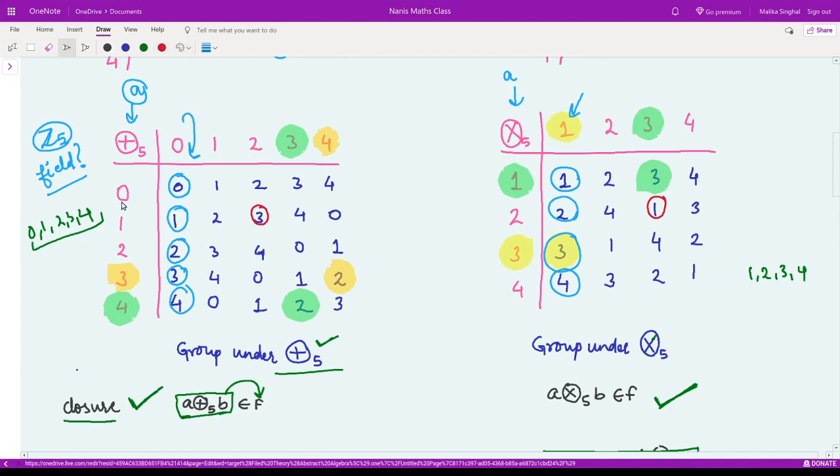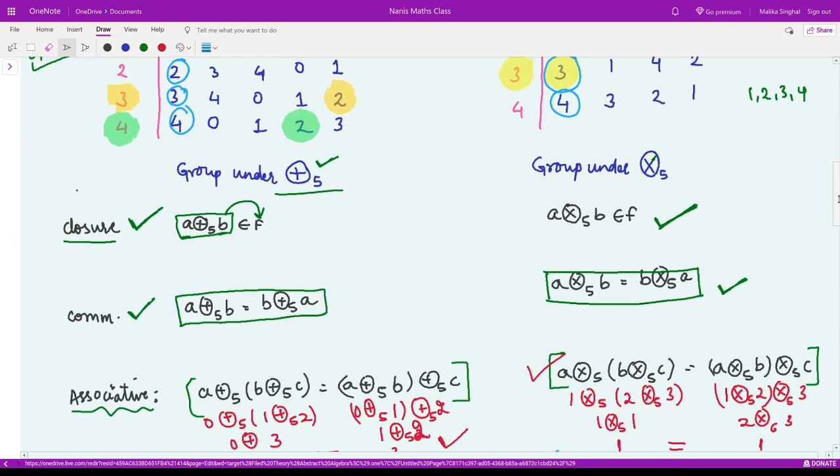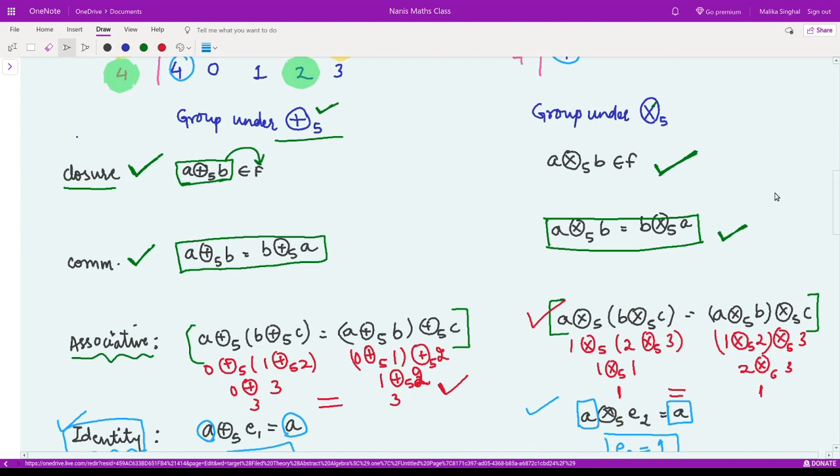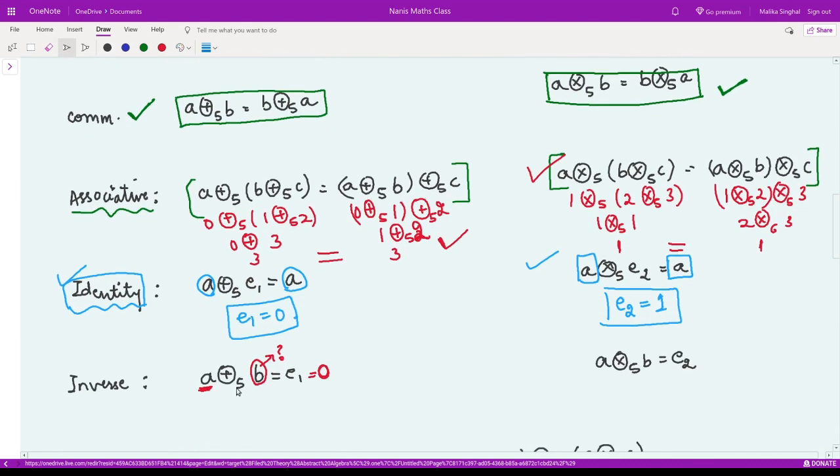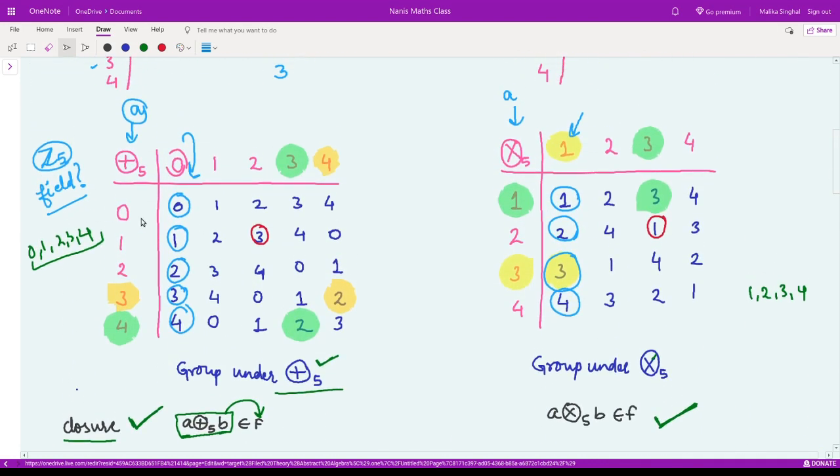So for the number 0, what number again gives me 0? This is 0, right? Again for 1, we need to see which number I should add to it so that I obtain 0. So first of all, we obtain 0 with 0 addition mod 5 0 is equal to 0, right?